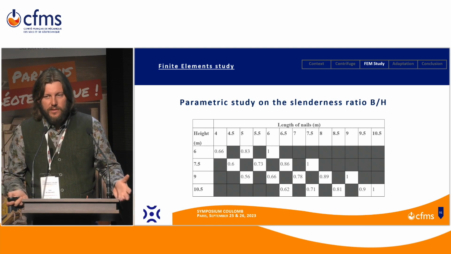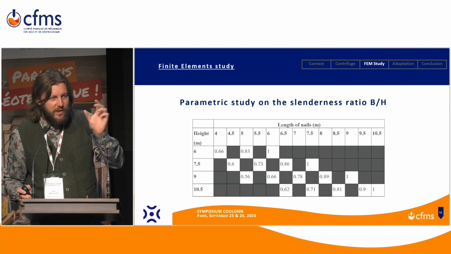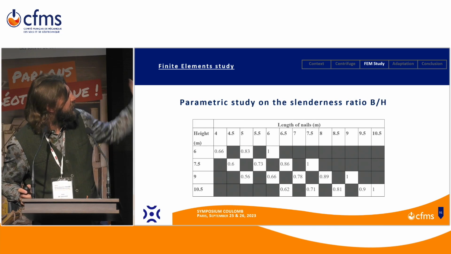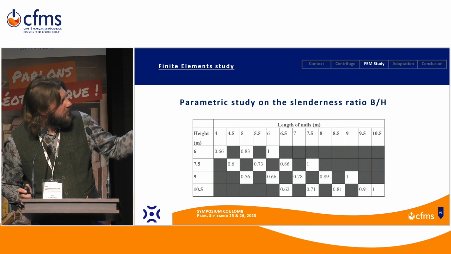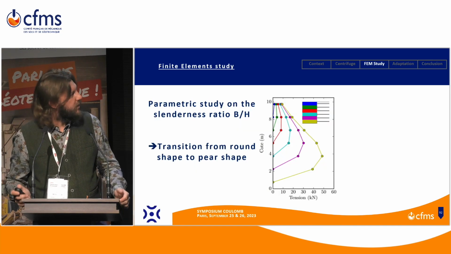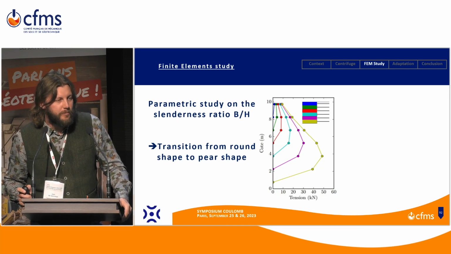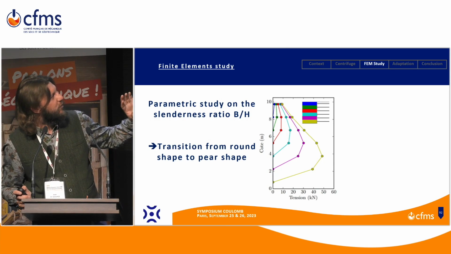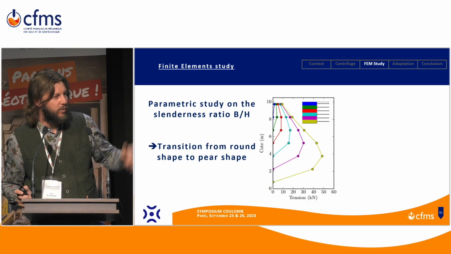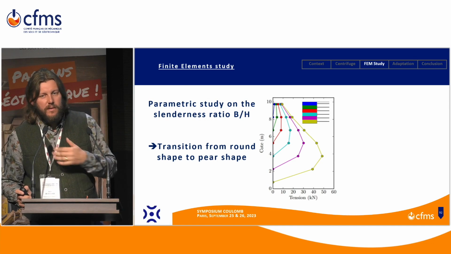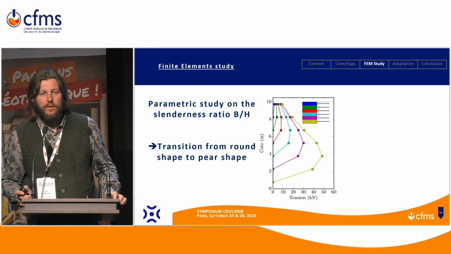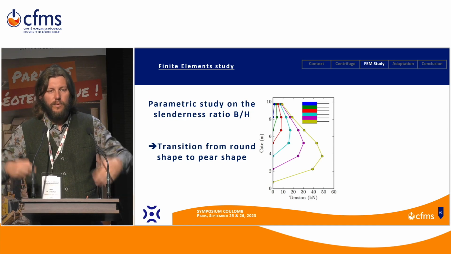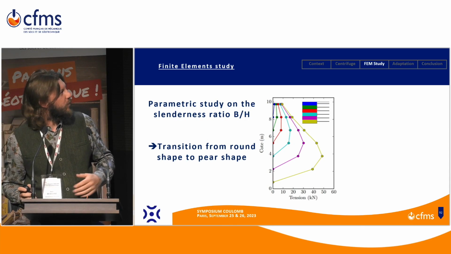And then we did a parametric study about the slenderness ratio. So we had soil nail walls of different heights and different nails, giving different slenderness ratios. And the question was, what is the influence on the facing loads? Even if you look at only one soil nail wall, during the excavation process, actually what happens is you increase the slenderness ratio, because the length of nail is fixed, and when you excavate, you increase the height of the wall.